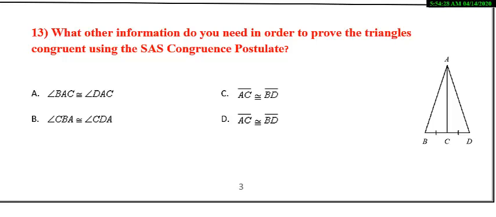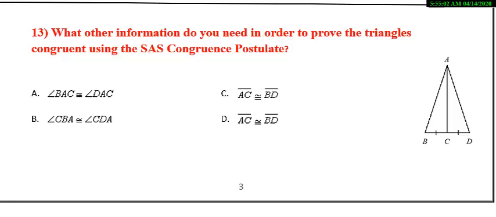I have two congruent sides in each triangle, but the missing part is the included angle, so BCA and DCA should be congruent. Choice C is the correct answer, but it's written the wrong way. It's supposed to be AC perpendicular to BD, not congruent, so you need to change the congruent sign in choice C.